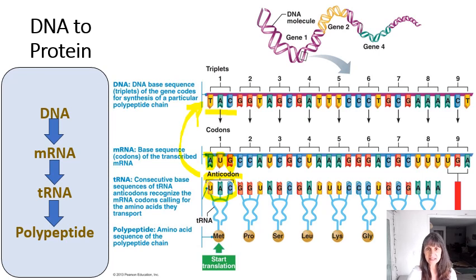Let's look at triplet number 3, because there's no thymine in that triplet. We have adenine, guanine, cytosine. By the time we go through transcription and get back to translation, you'll see that we're translating it into the exact same thing.